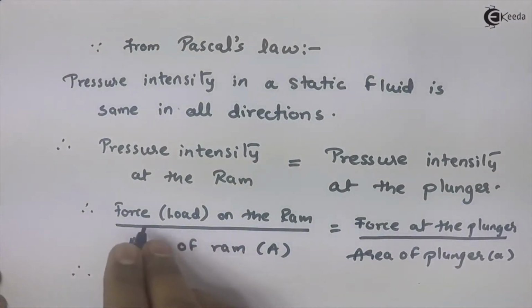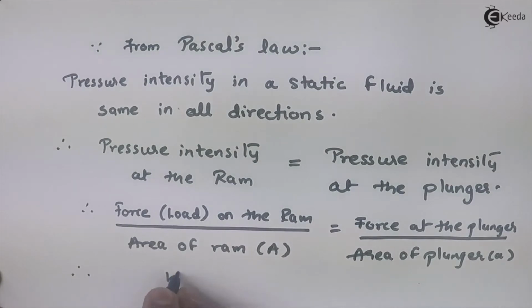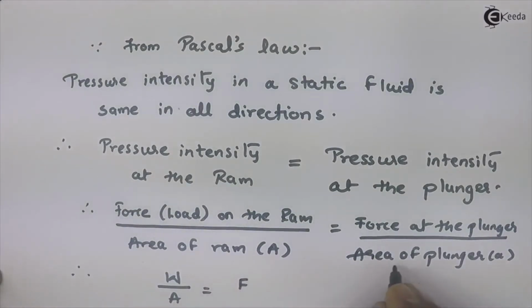So therefore load on the ram is denoted by capital W, area of the ram is capital A, force at the plunger is F, area of the plunger is small a.